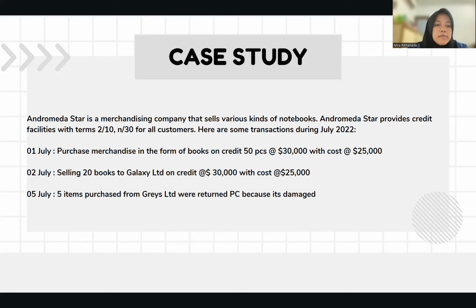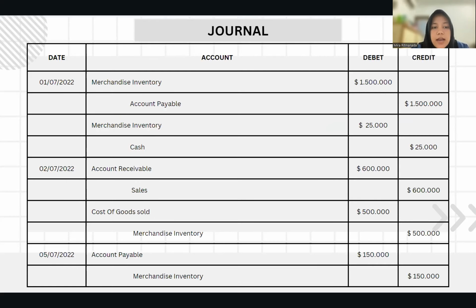Number one, purchase of merchandise in the form of books on credit, 50 pages at $30,000 with cost at $25,000. First of all, we journalize the transaction in the perpetual system.